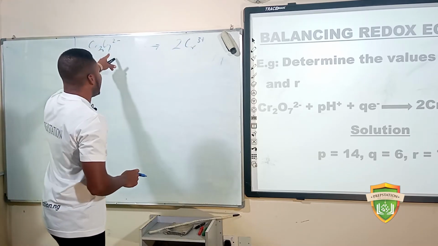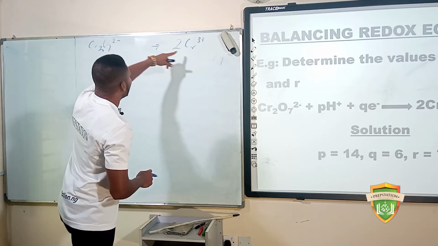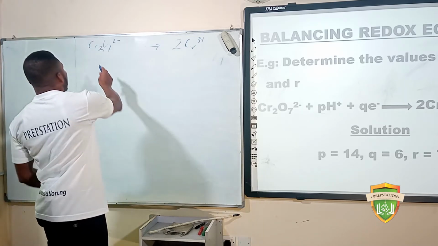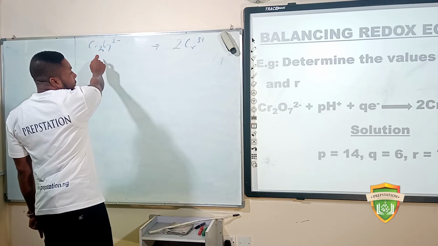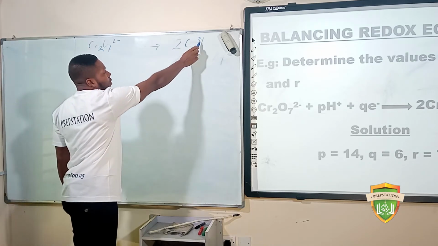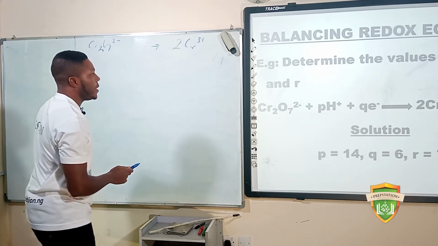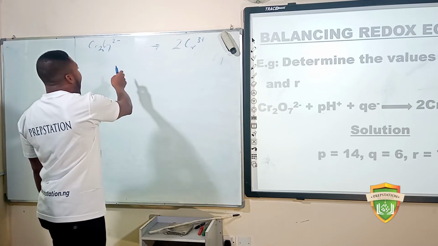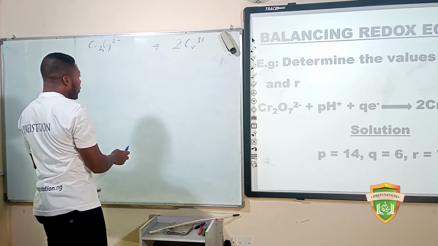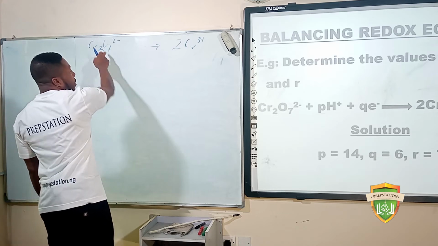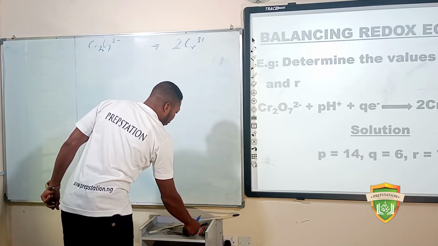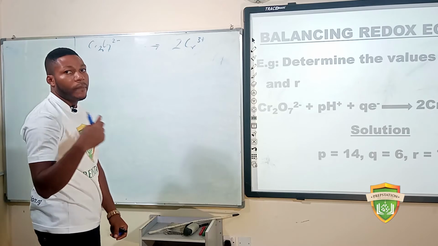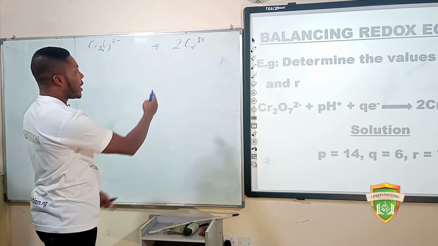Now this process is a reduction process, because chromium here is +6, while chromium here is +3. So how do we balance it? We add, how many atoms of oxygen do we have here? We have 7. So how do we balance oxygen in the redox equation? We use the same molecules of water at our products.